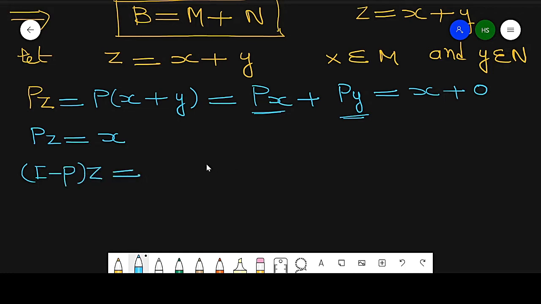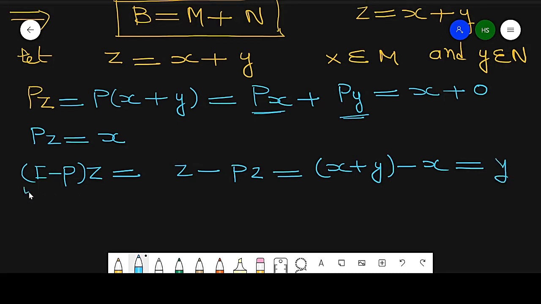Now second, what is (I minus P) of Z? This can be written as Z minus PZ. The value of Z is x plus y, and the value of PZ is x. So the total is equal to y.